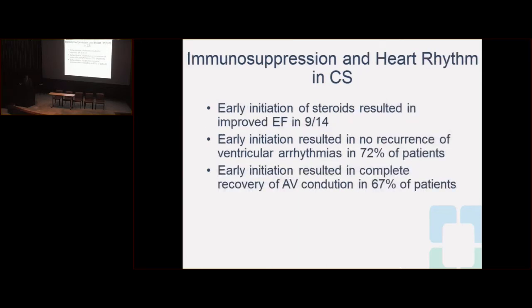There are some studies that suggest that early initiation of steroids for patients with cardiac sarcoid can improve the ejection fraction and may improve the recurrence rate of ventricular arrhythmias and even recovery of conduction disease.